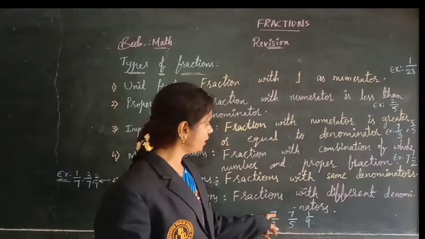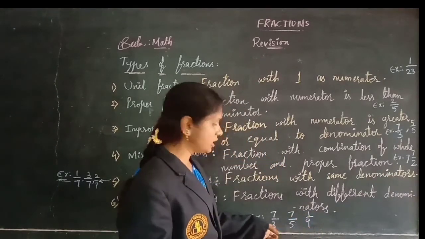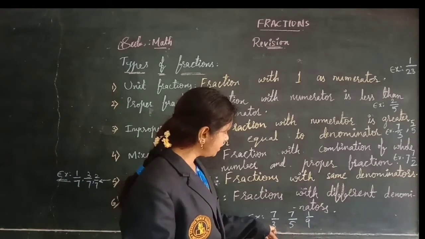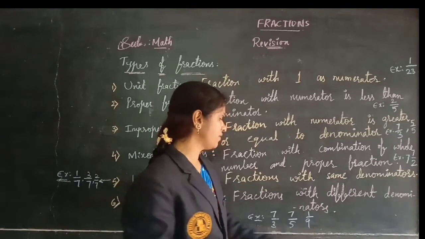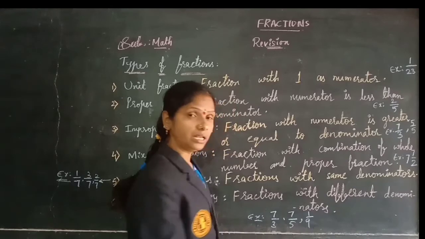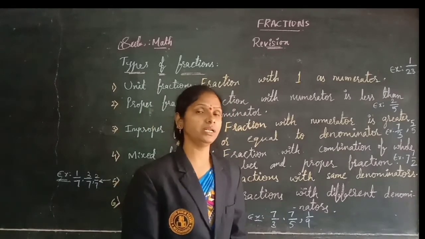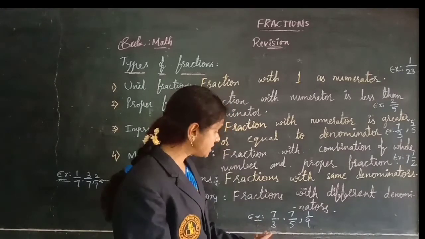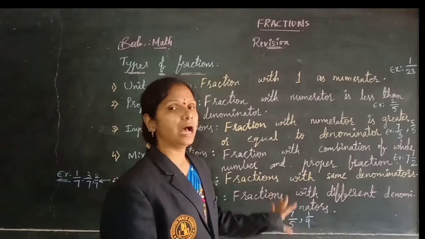See here, the numerators are the same, let it be. Check the denominators: 3, 5, 9. The three numbers in the denominator's place are different. So this type of fractions are called unlike fractions.